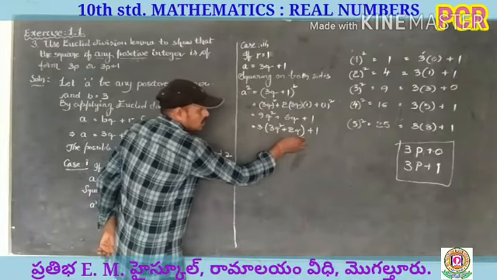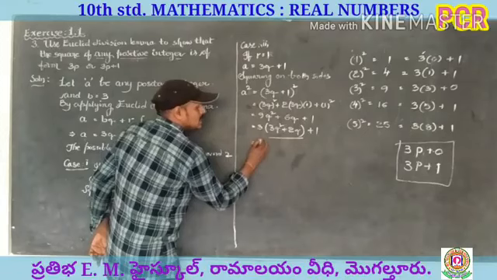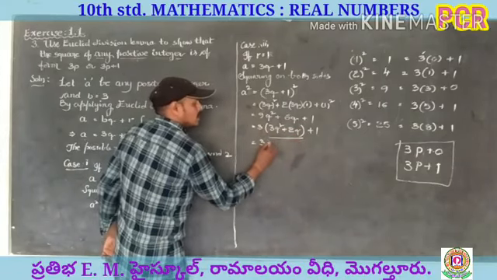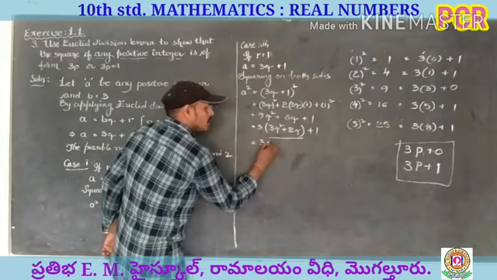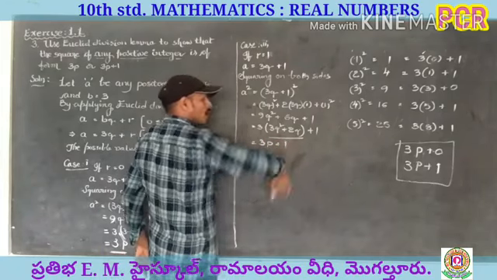Now we can write this as 3 into something, any factor. It is taken as a single factor. That means it is taken as p, plus 1.